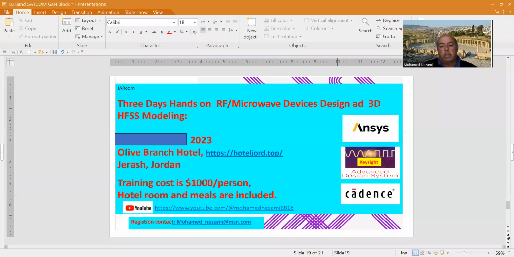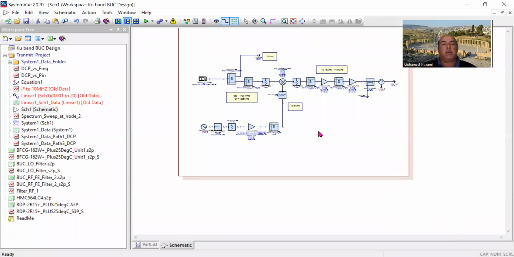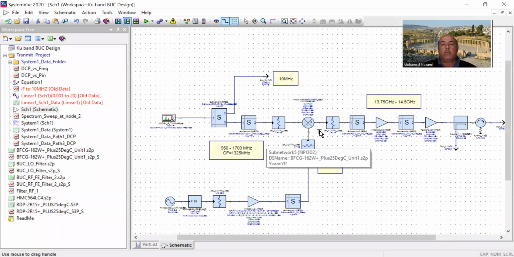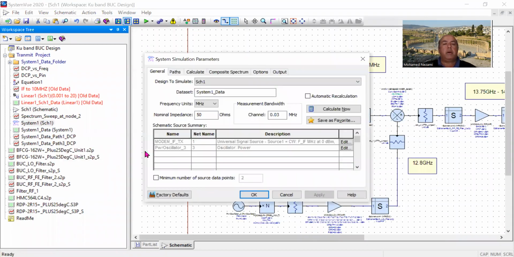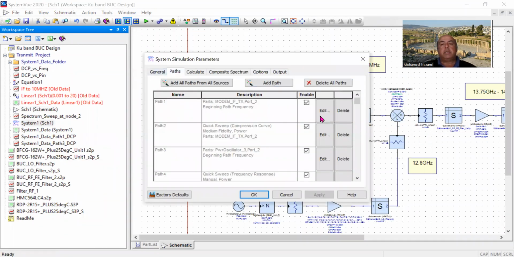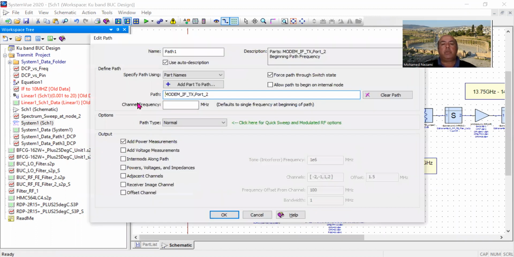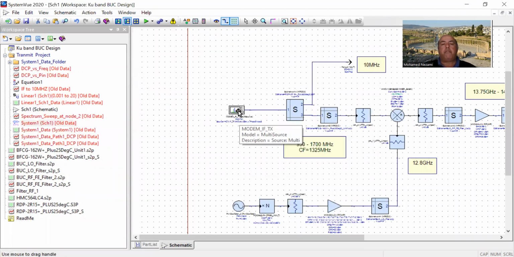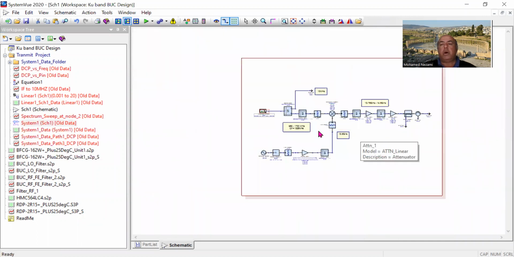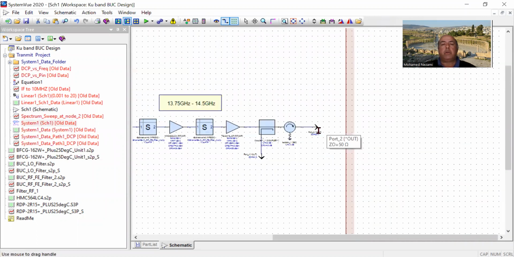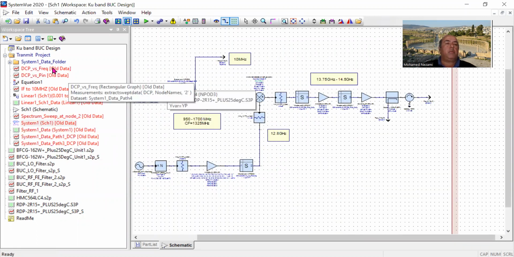So let's go back to the simulator, and this is a simulator, as I said before. So we come in here, we set up the linear analysis, and we set these paths, okay? And these paths, basically, we set them up so that we could look at the signal progression from IF in here to RF on this side, okay? And that's what we end up with.